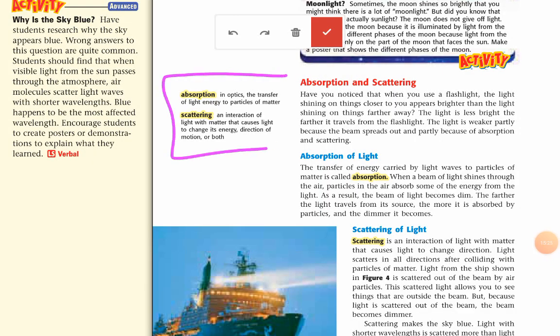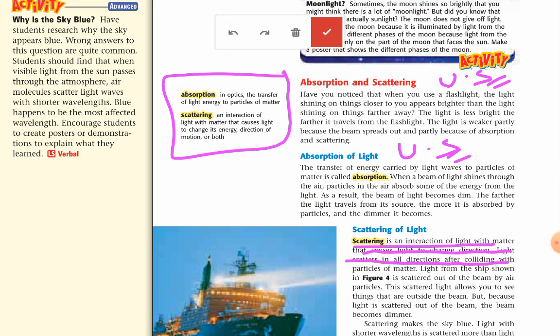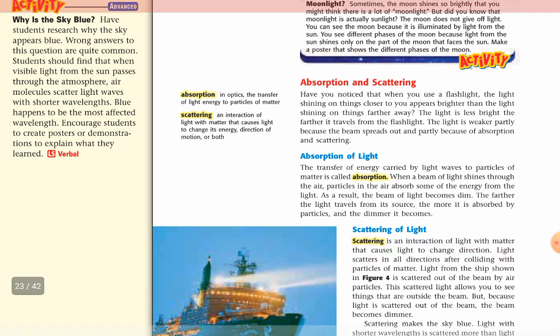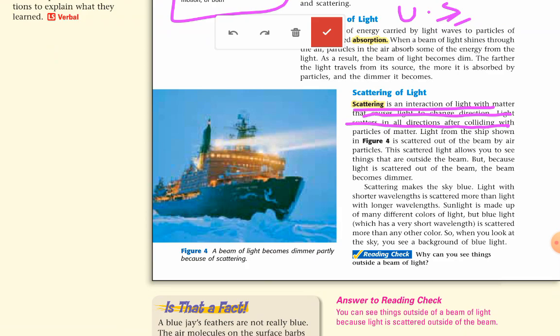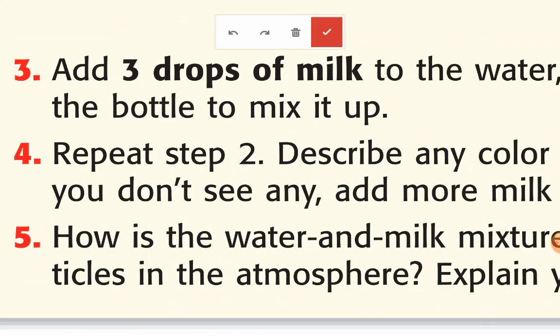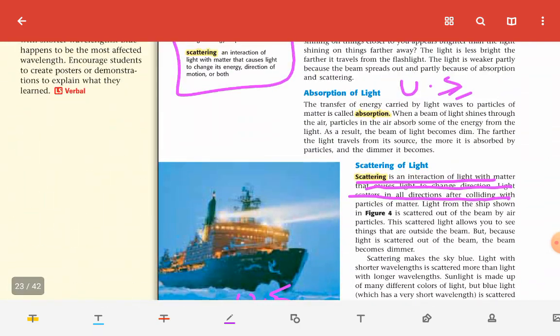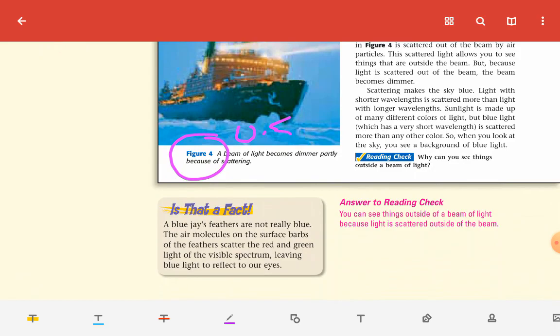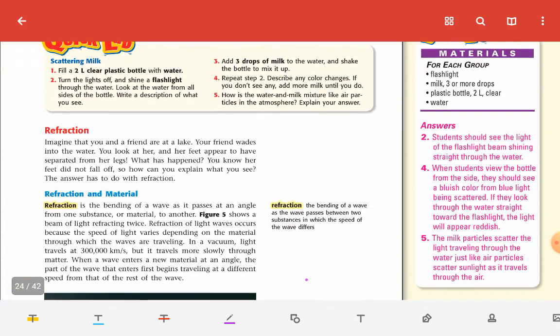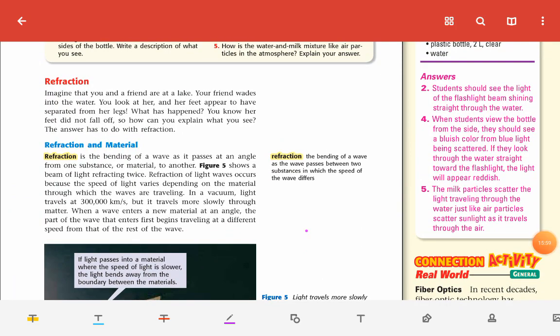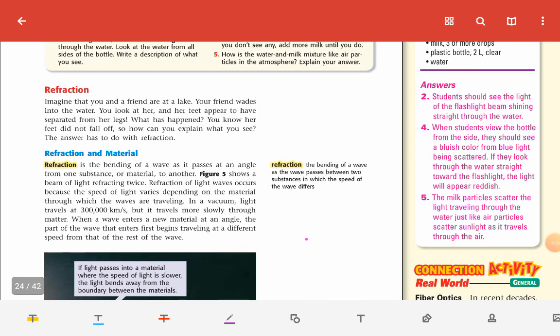Please highlight these definitions, and right here US. Just from here take a definition, and figure 4, right, US here in figure 4. Next page, all the page, right, VI.